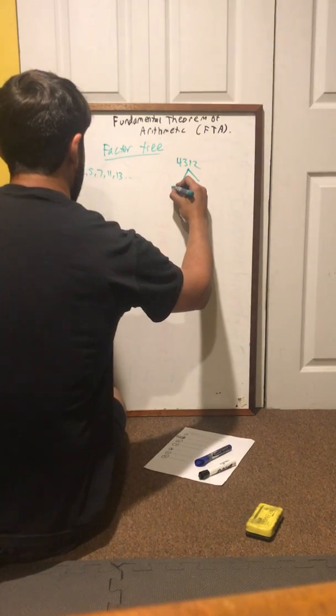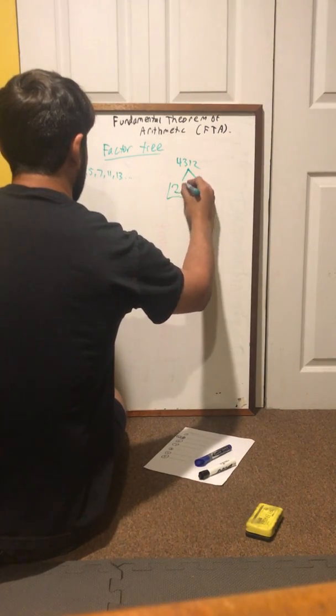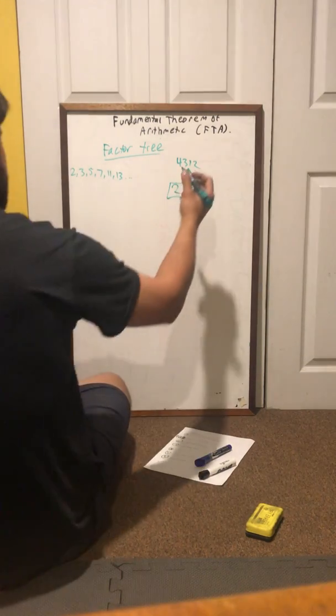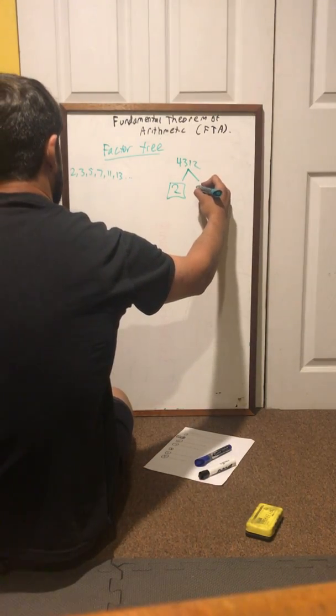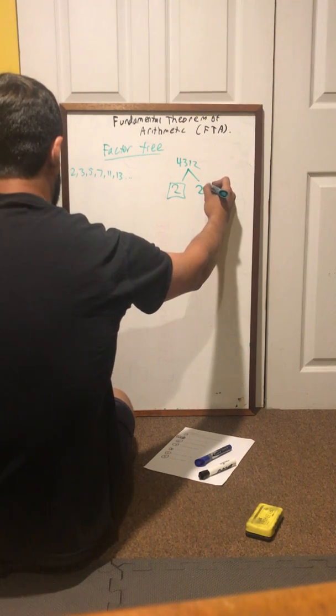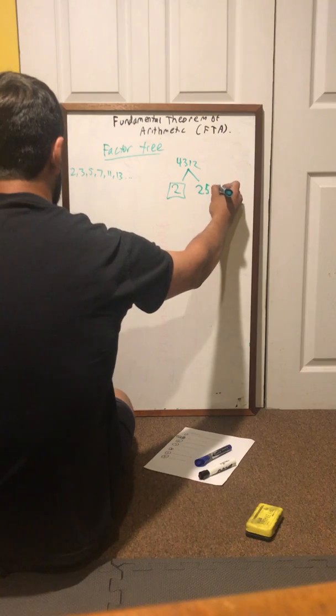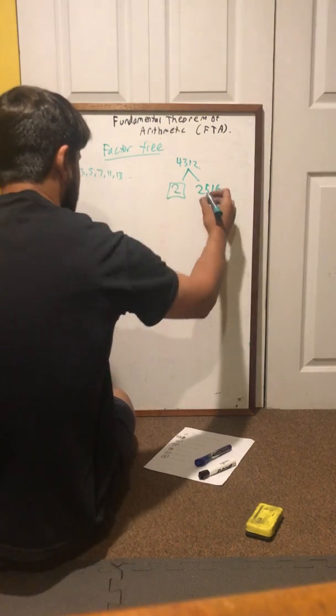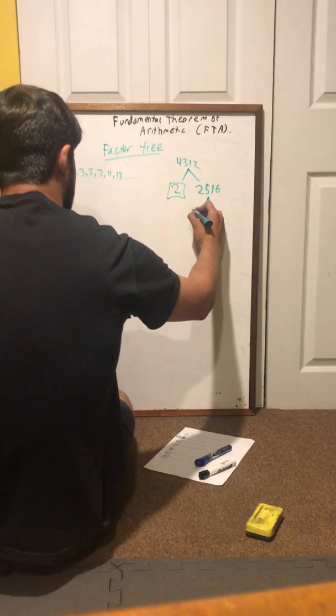Okay, so we know this is even, so 2 is one of the factors. All right, and then we're going to get 2,156. Then again, we can use that 2 again.